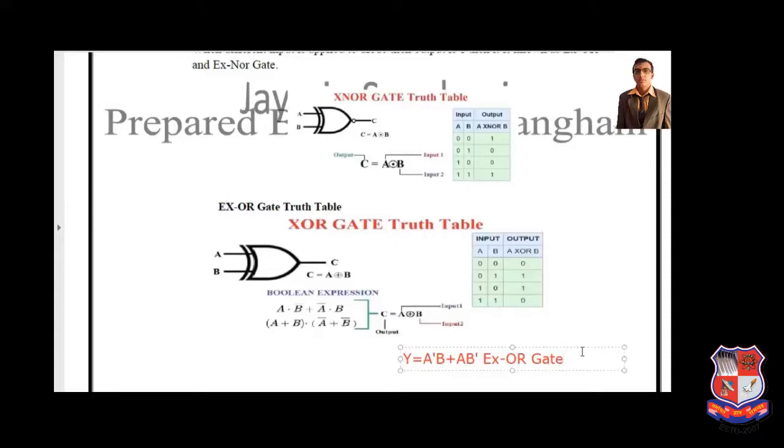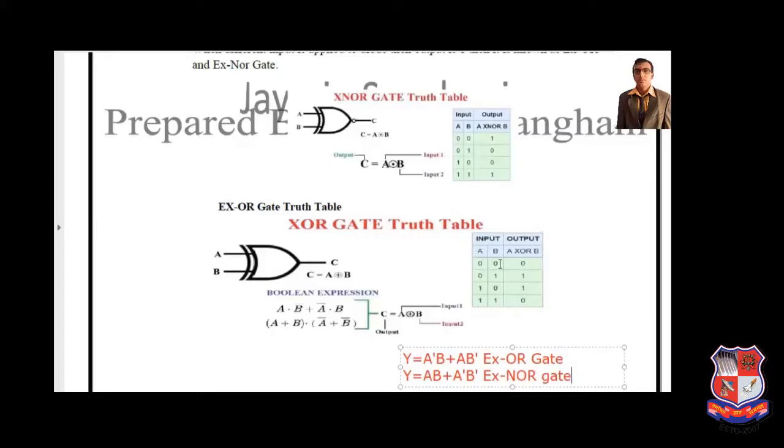So it is known as XOR gate, and Y equal to AB plus A dash B dash is the equation of XNOR gate. What is the difference between XOR and XNOR?